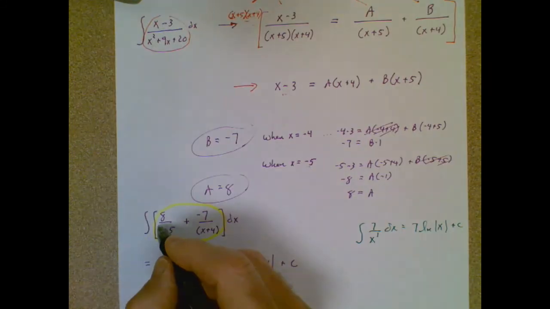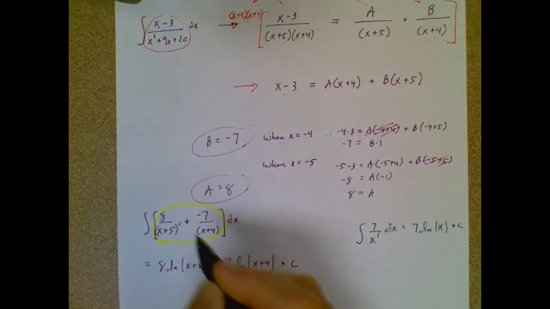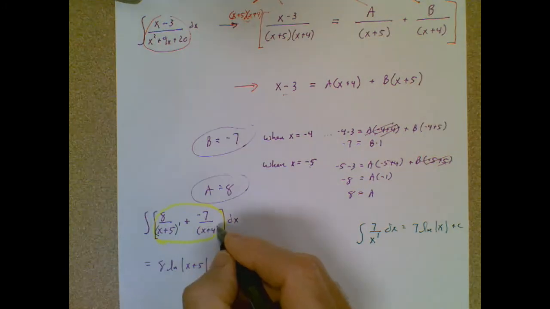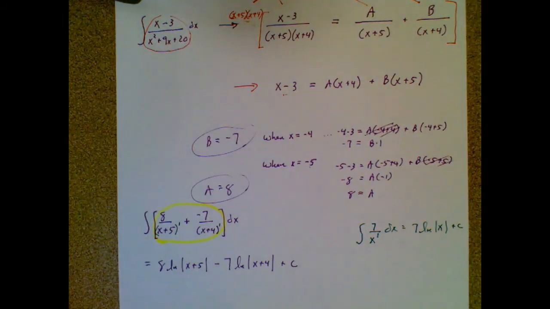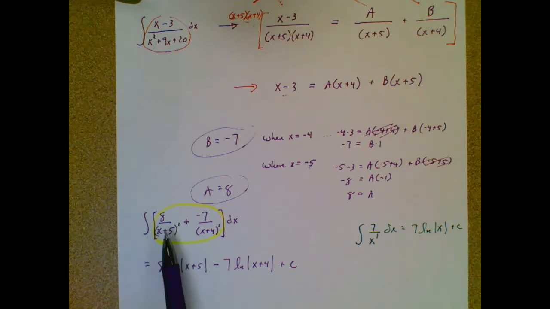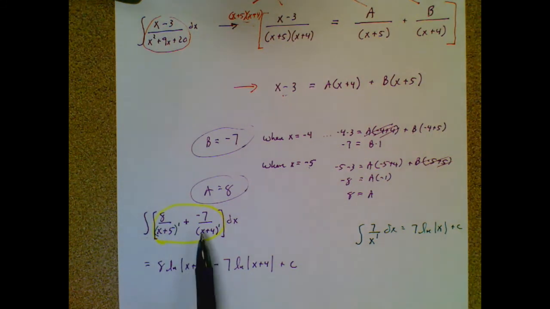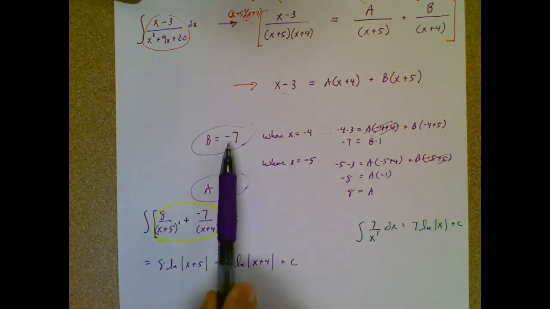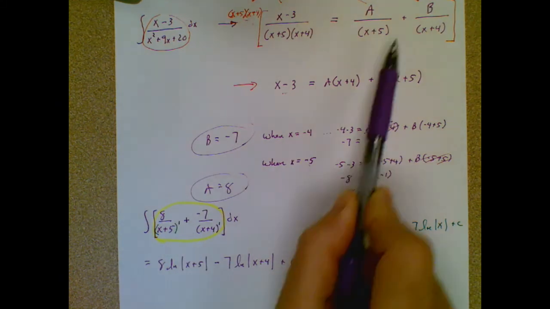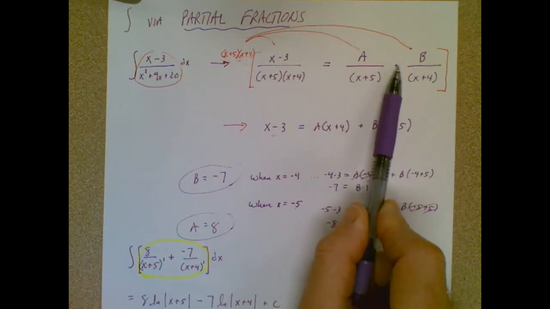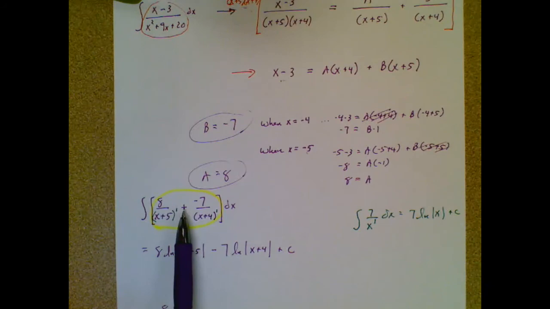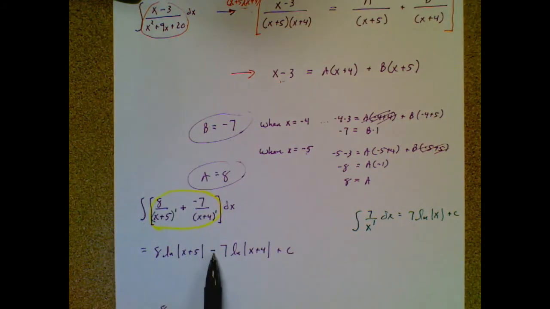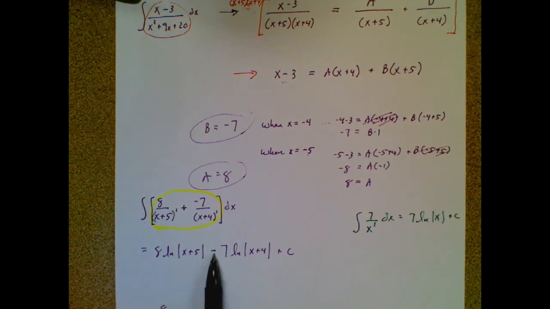Well, check this out. This is an x plus 5 to the first power. This is an x plus 4 to the first power. So that makes for a really easy antiderivative. A couple of things to be aware of. When that b was negative 7, it's still plus a negative 7, but then I wrote plus a negative as just negative.